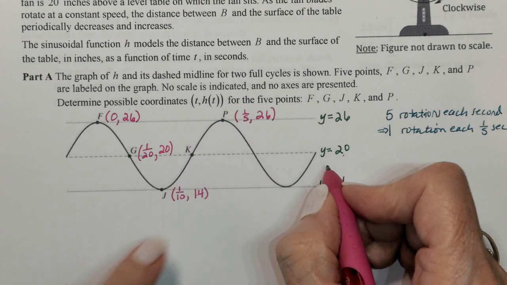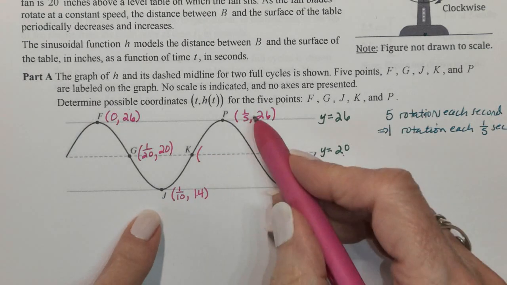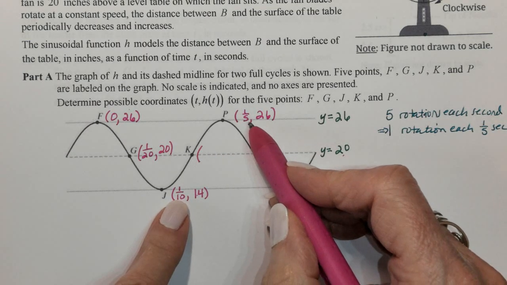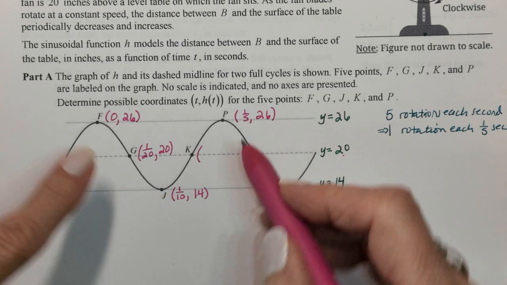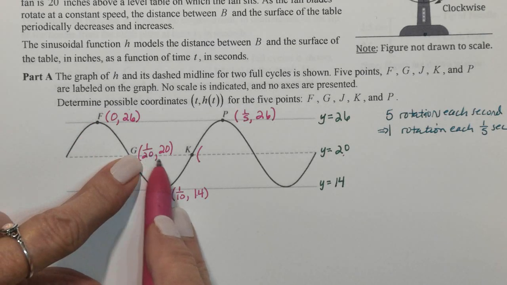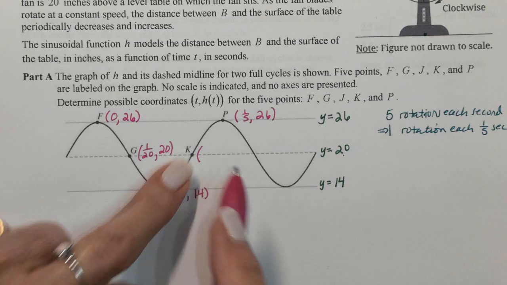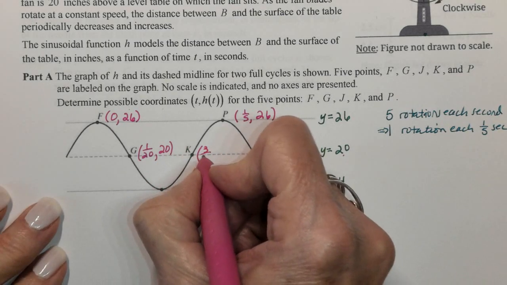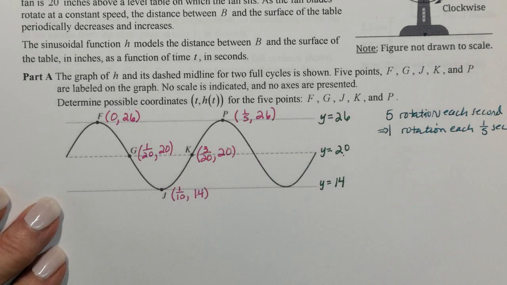And then lastly for K, you can think of this 2 ways. What time is halfway between a tenth and a fifth? Or we already know that it took a 20th to get to here, another 20th to get to here. It'll be another 20th past that. So 3/20ths. So I'm going to name these.